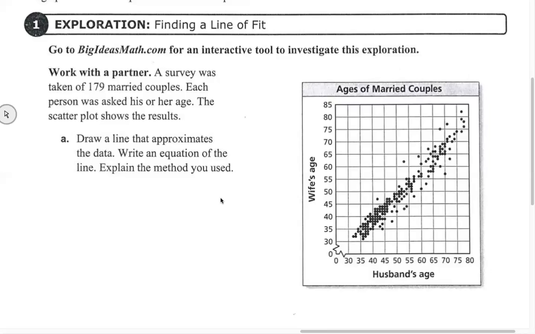Now, here's another fun thing about this, right? Judging by this data, do you know what I can interpret? You marry people around your own age, right? So notice all of these points are really close together, right? These ones that are off the line are ones where one person's a little older than the other, okay?